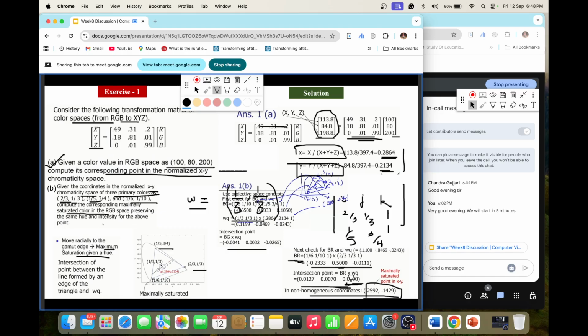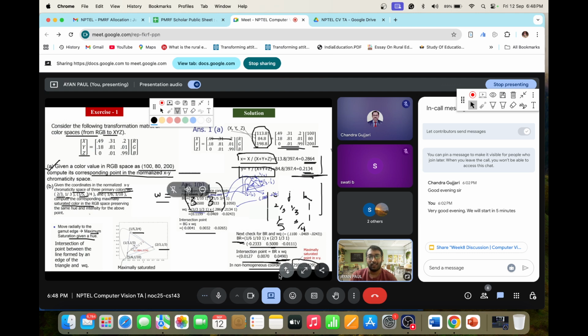This is nothing but scale, so you just divide by it and you will get the non-homogeneous coordinate point. This is your maximally saturated color in the RGB space, preserving the same hue and intensity of the point Q.